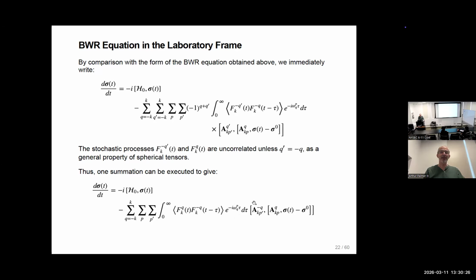That's a numerical factor. Here we have the double commutator, and that might be 0. So if that's 0, that contribution to relaxation is 0. It doesn't matter how big the integral is. The integral could be huge, but there still won't be relaxation.